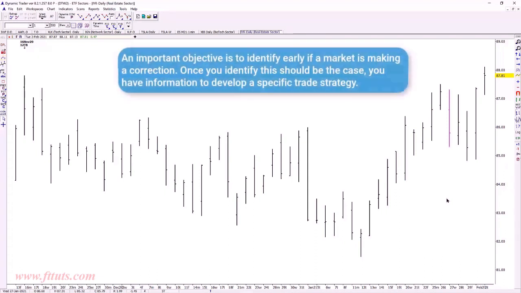So we'll get into that later. But this was valuable information to have early on, that this was probably a correction, and then we want to orient our trade strategies to the long side.